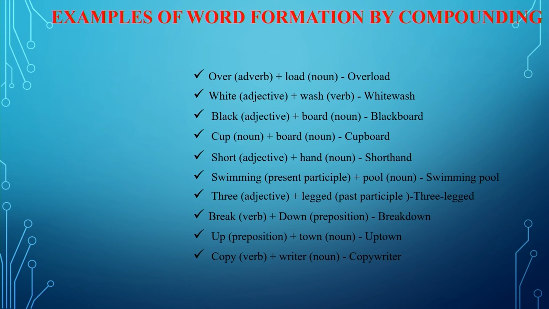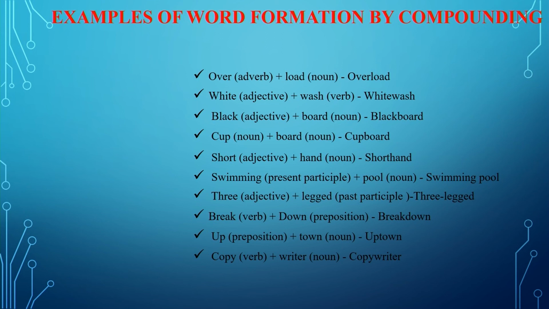Like that, short is an adjective plus hand is a noun and it gives shorthand. Shorthand means shorthand writing, which we write faster. Swimming is a present participle plus pool is a noun. This present participle and noun join together and give swimming pool. Three is an adjective and legged is a past participle, and these two join together and give you three-legged.